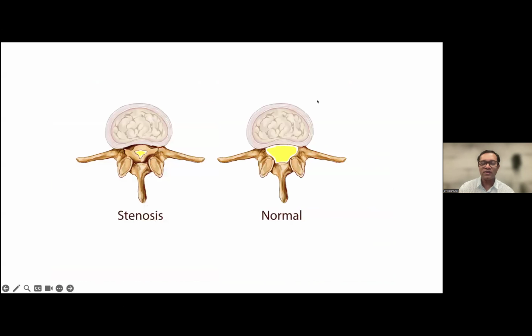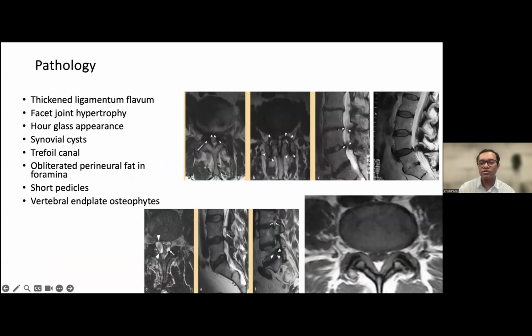Dural tears generally happen because of many reasons. We've all been seeing lovely presentations about how spinal stenosis can be very challenging in diagnosing and treating. If you look at the pathology, it's a multifocal pathology. You have thickened ligaments, thickened facet joints, synovial cyst, calcified ligament, short pedicle, abnormal pathology.